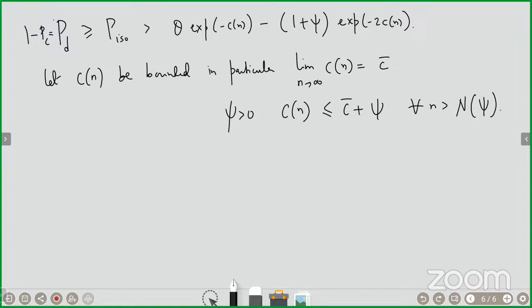Disconnection decreases or increases? It's monotonically decreasing. So I can put this bound here without changing anything. So P iso is still greater than or equal to theta times x. That's true.